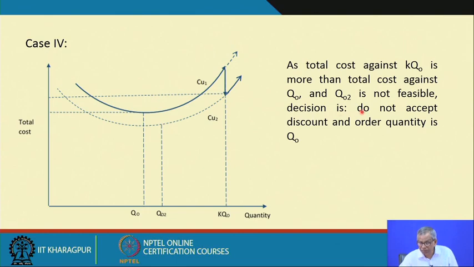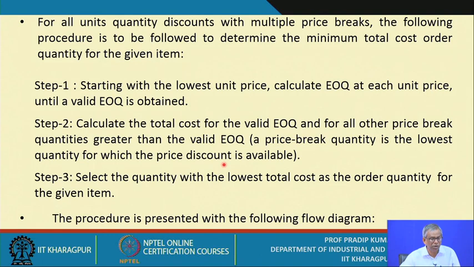This is on a dotted line. The decision is do not accept discount and order quantity is Q0, because Q0 you have already traversed. So Q0 is feasible. So in case 4, don't accept discount, order quantity is Q0. So these are the 4 cases you come across.